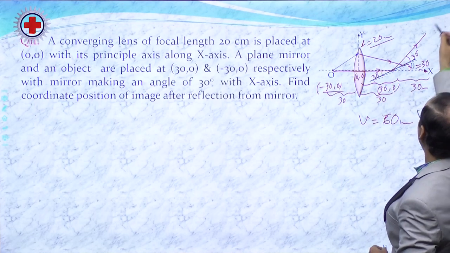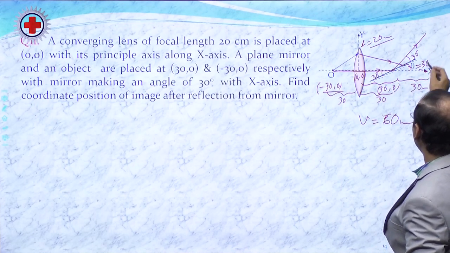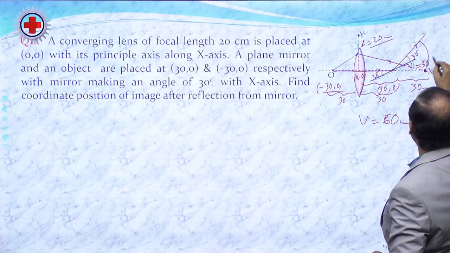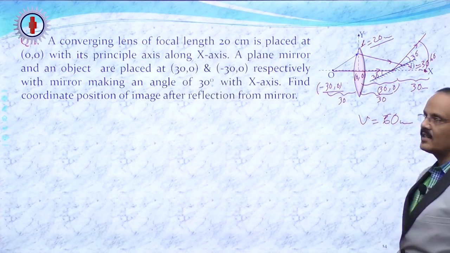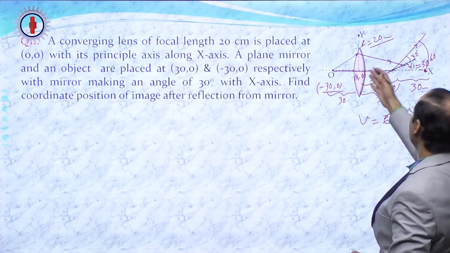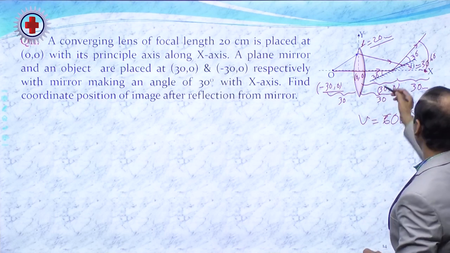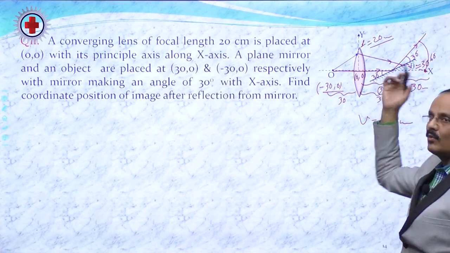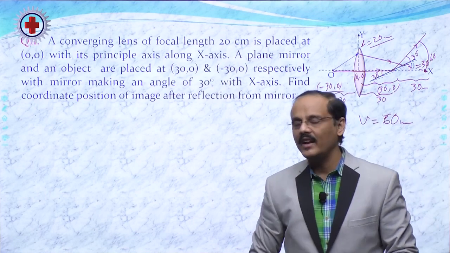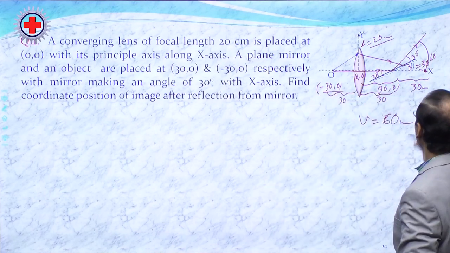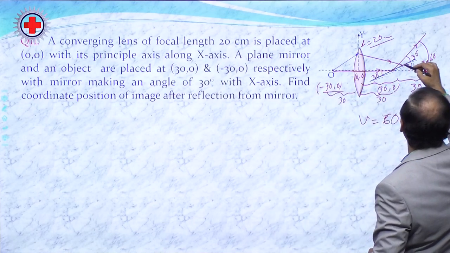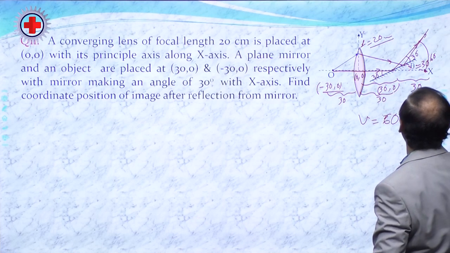So, if it is incident at 30 degree, the reflected light also makes an angle of 30 degree with the mirror. Now, one light ray has gone in this particular direction, making an angle of 60 degree with the x axis. The other rays have to intersect somewhere on this particular ray, and wherever they intersect, the final image will be formed. So, let this other ray intersect somewhere here.